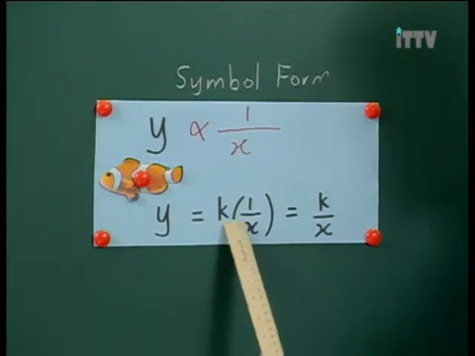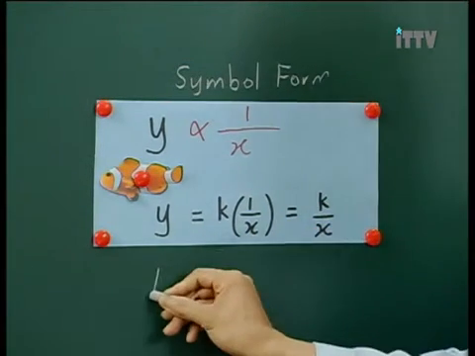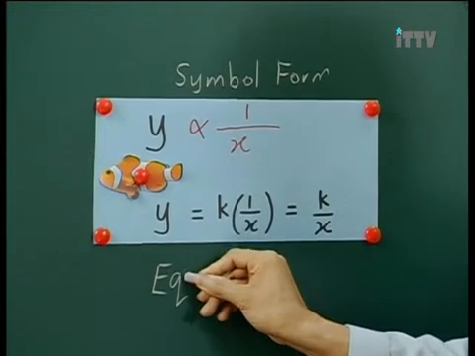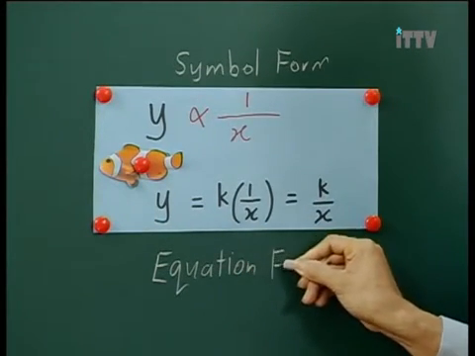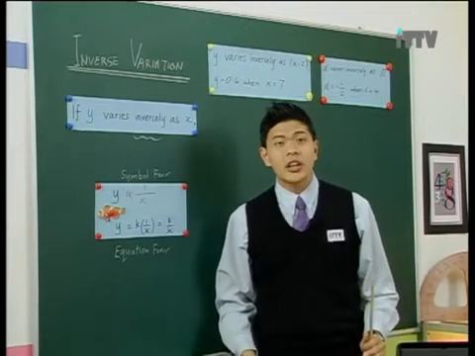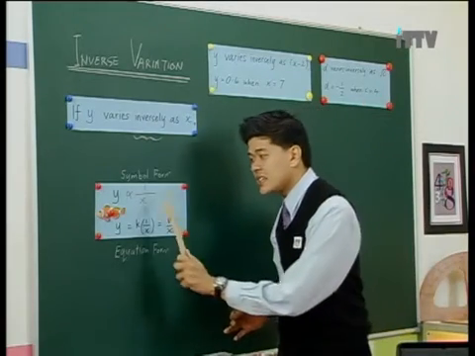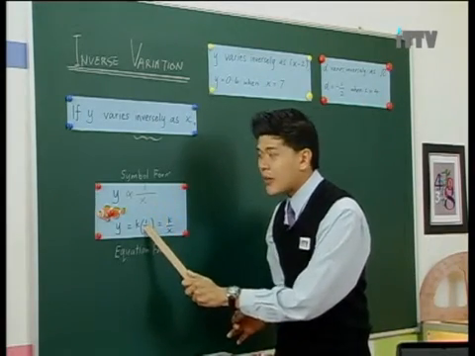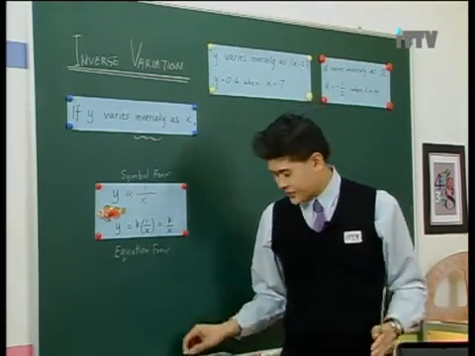So when you multiply inside, it also gives you k over x. And this, guys, is the equation form. So there are two forms here for any kind of variation. We have studied direct variation, we have now studied inverse variation. The most important thing is this and this. Remember guys, they are the same thing, just in different forms.